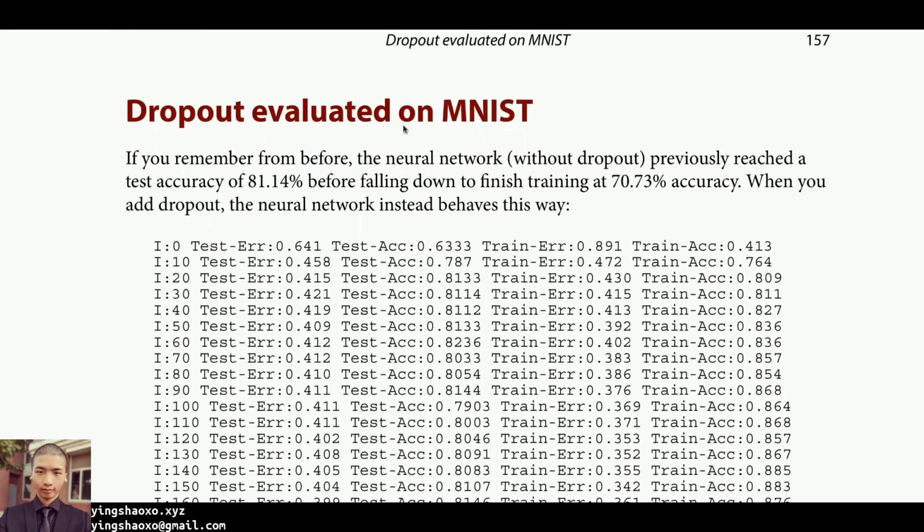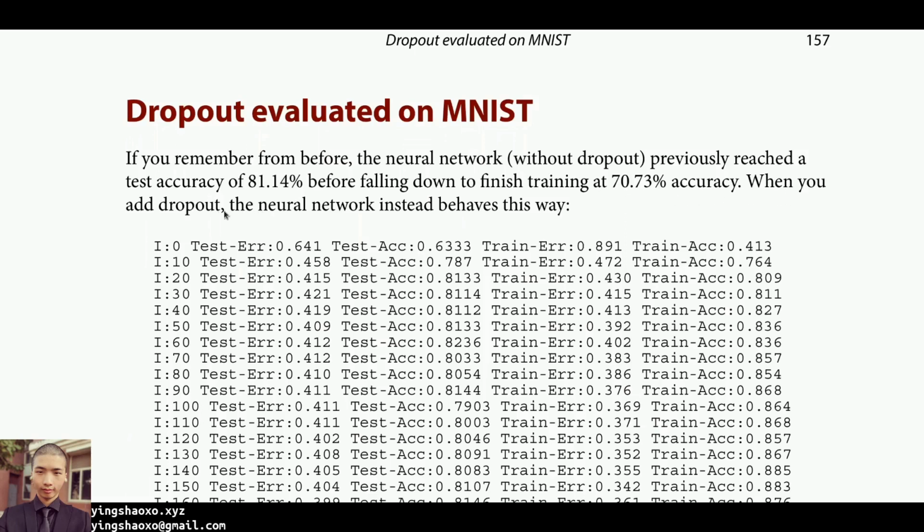Dropout evaluated on MNIST. If you remember from before, the neural network without dropout previously reached a test accuracy of 81% before falling down to finish training at 70% accuracy.